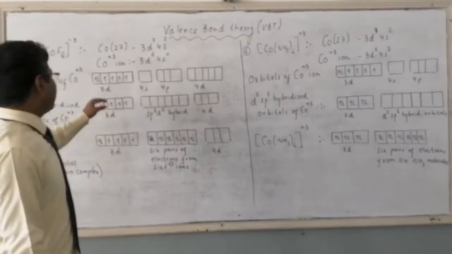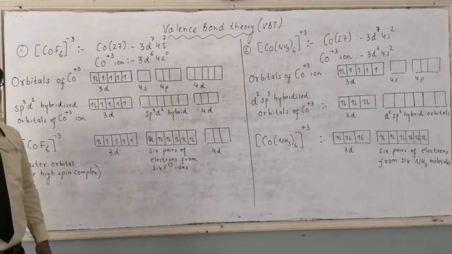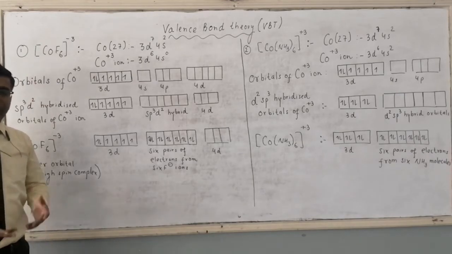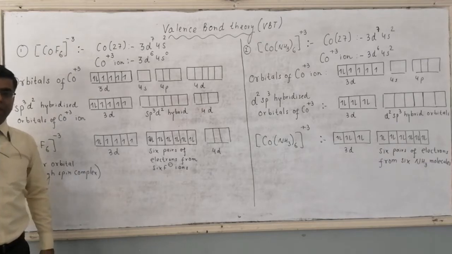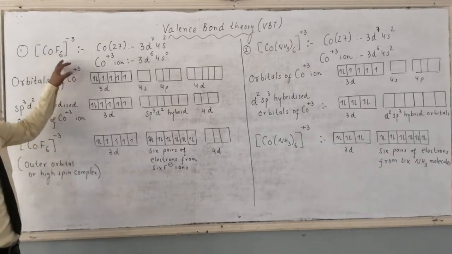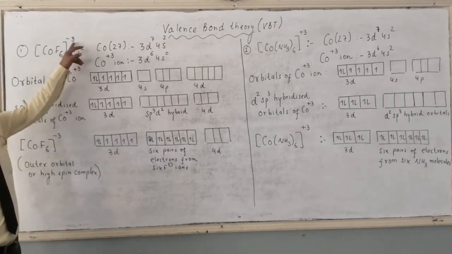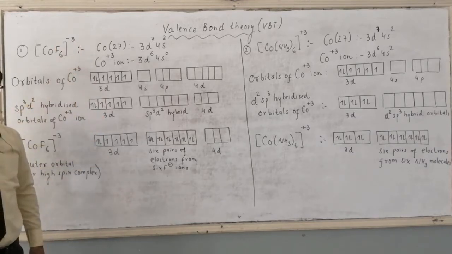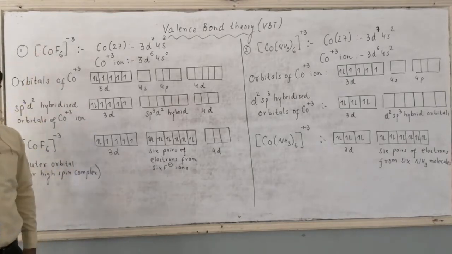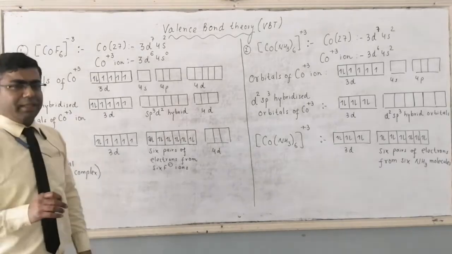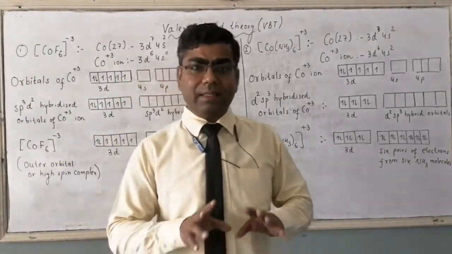In CoF6 3-, the oxidation state of cobalt is +3. The reason is very simple. Each F has a -1 charge. It means due to 6 F, you will have -6. -3 appears on the complex ion when cobalt is in the +3 state. So in the CoF6 3- complex ion, the oxidation state of cobalt is +3.